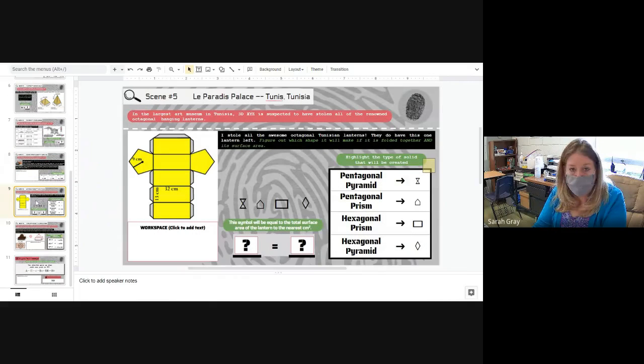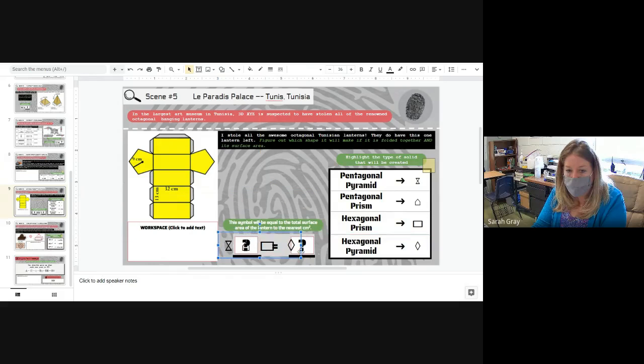All right, for the Pentagonal Prism, the answer was 2,665. Yep. So this box would have been, symbol will be equal to, so yeah. I would have put a pentagon in this box, not that you can.